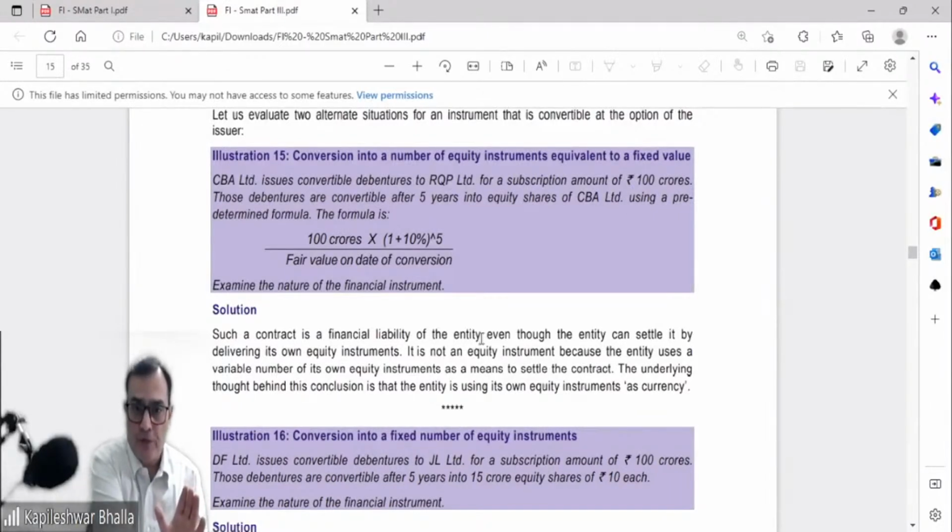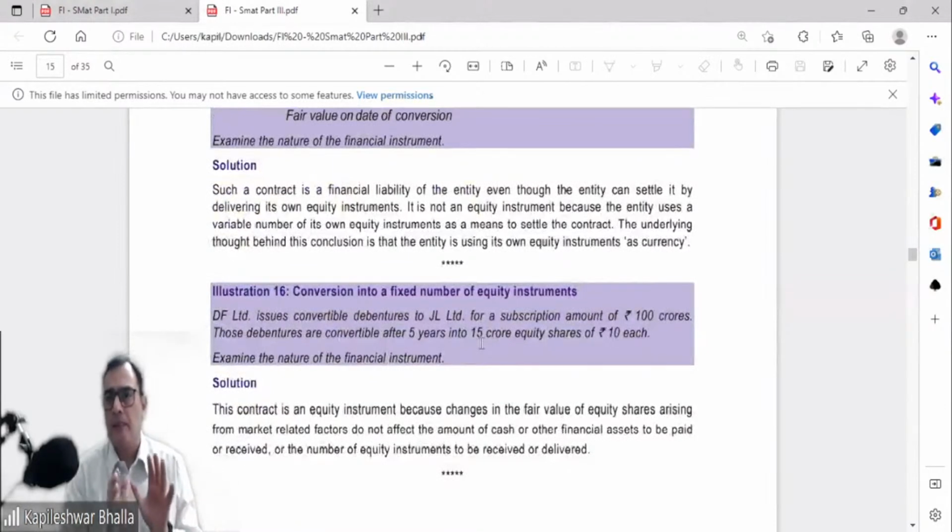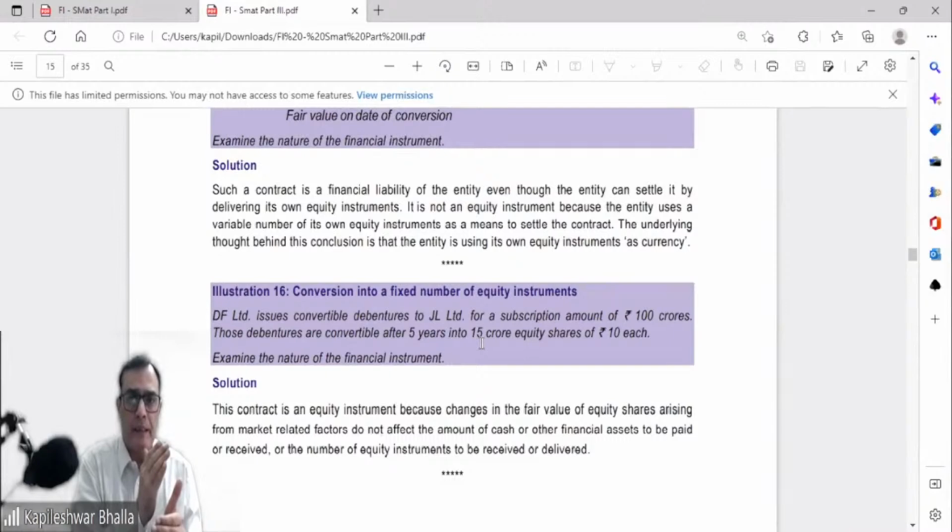Even in illustration number 16, the mode of payment is common. There are only equity instruments being issued to discharge the principal and the interest element on the instrument.